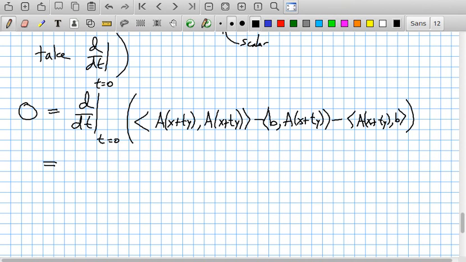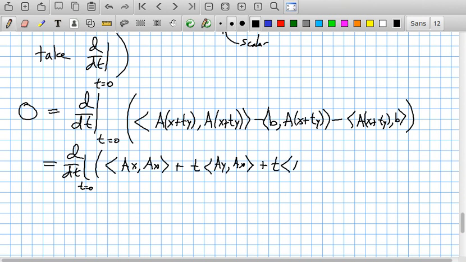When you do out this manipulation, you'll see that ax, ax is going in the trash, plus t, ay, ax, and there's going to be a t, ax, ay, and a t squared, ay, ay.